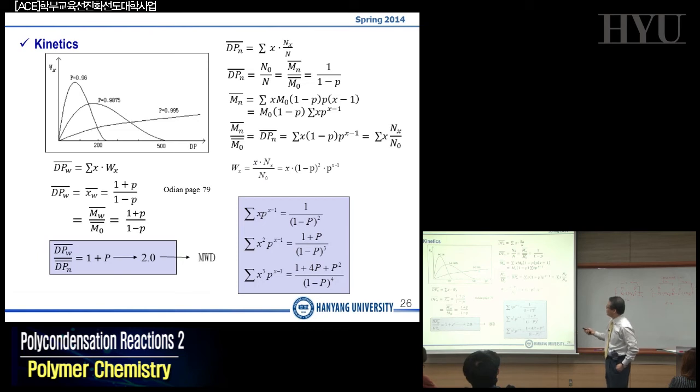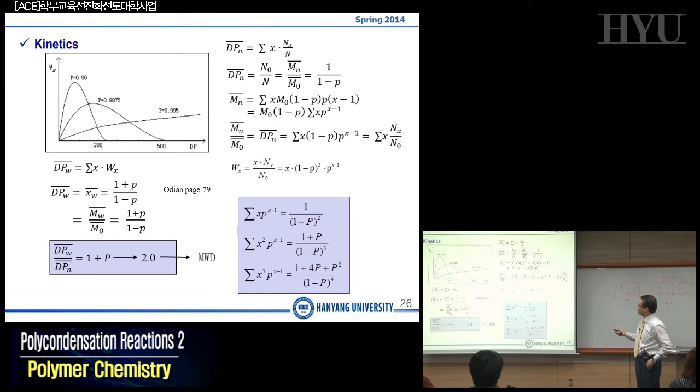The weight fraction equation is given right here instead of a number fraction. You have x times (1 minus p) squared times p to the x minus 1. So if you plot the weight fraction W_x against x, assuming that p could be variable or constant, then you can come up with this equation.